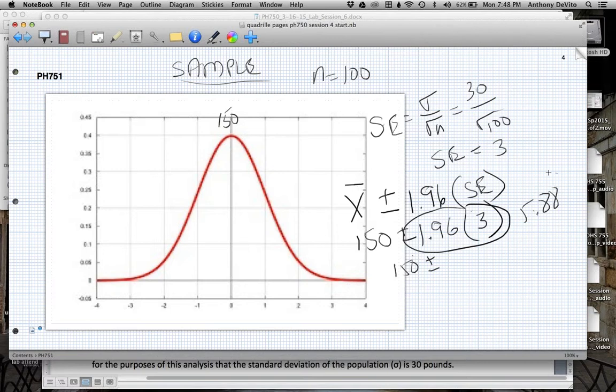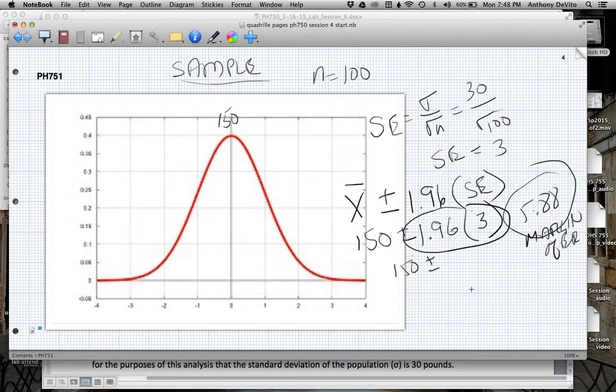What do you think would be a good name for this number that I'm adding and subtracting from what I think the actual mean is likely to be? Bingo, margin of error. Great. We're going to call that the margin of error. This is the standard error, and we're multiplying it by 1.96, and that's going to be our margin of error. We're going to say from this number to this number is our confidence interval.